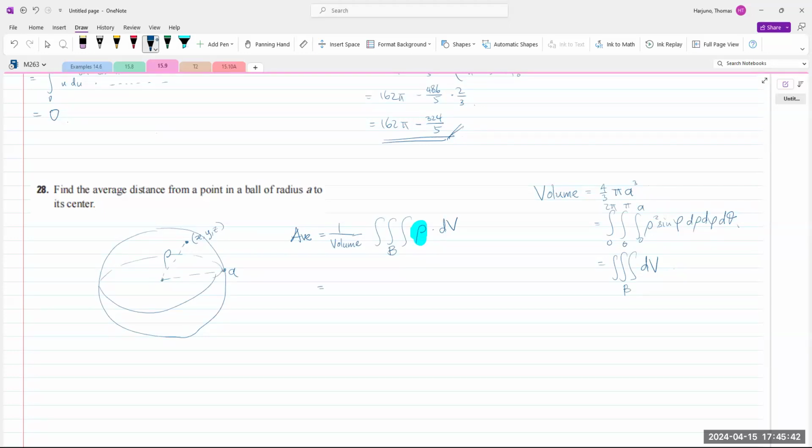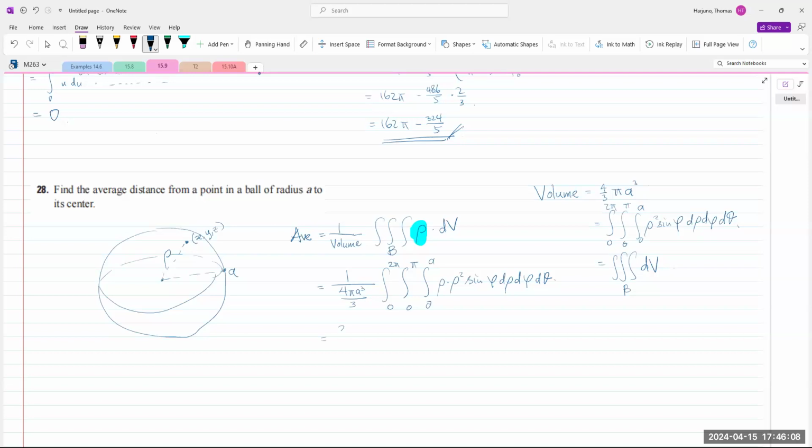So I will get 1 over 4 pi a cubed over 3 times the integral from 0 to 2 pi, the integral from 0 to pi, the integral from 0 to a, rho times rho squared sine phi d rho d phi d theta.